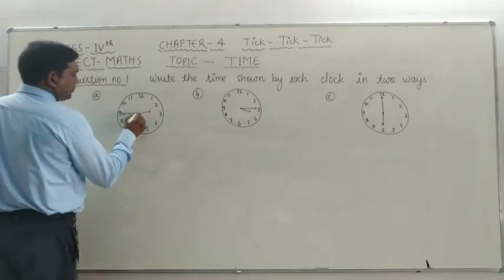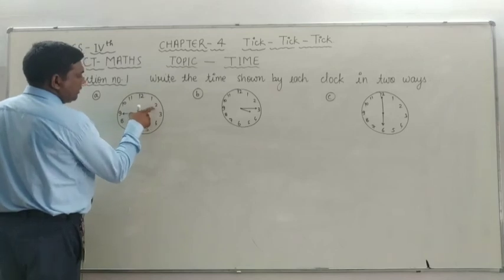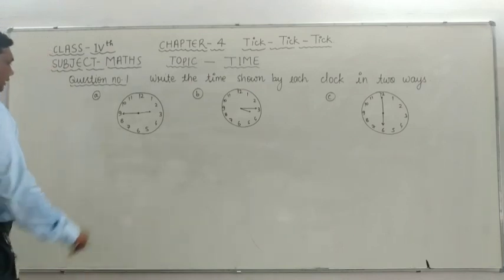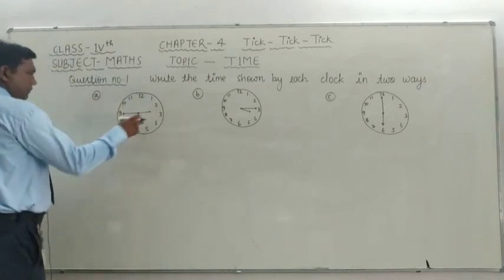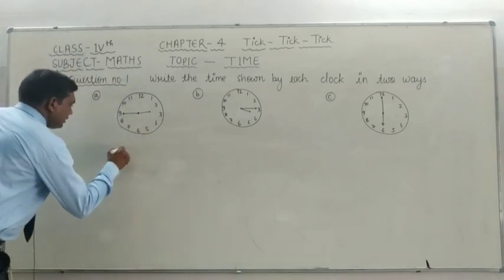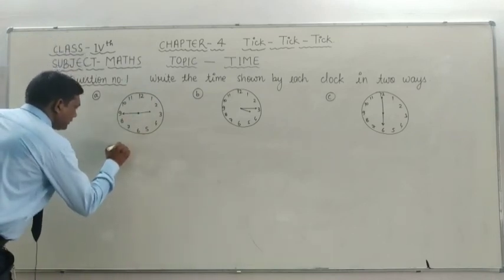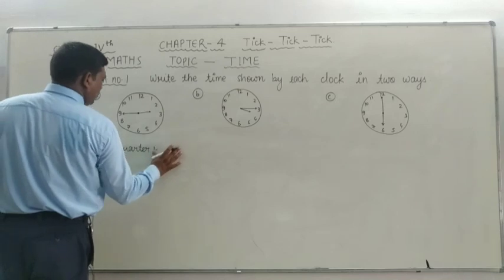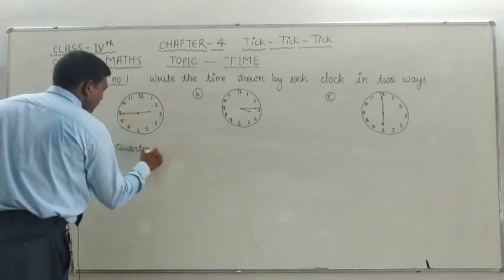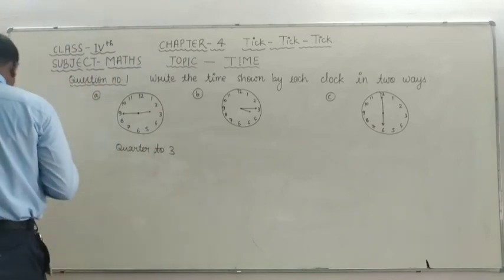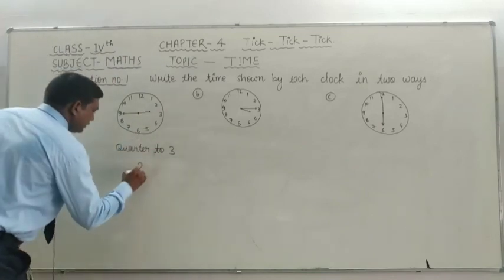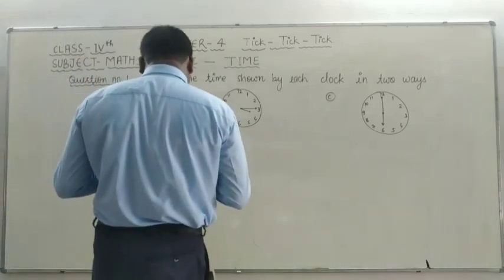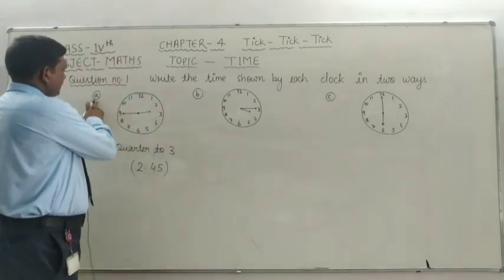In this figure, the hour hand is exactly between 2 and 3 and the minute hand is at 9. Therefore, in this watch the time is quarter to 3. The time is quarter to 3. Okay? It means that the time is 2:45.